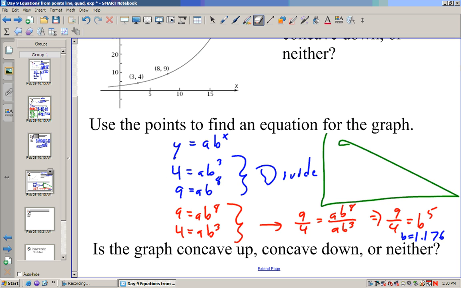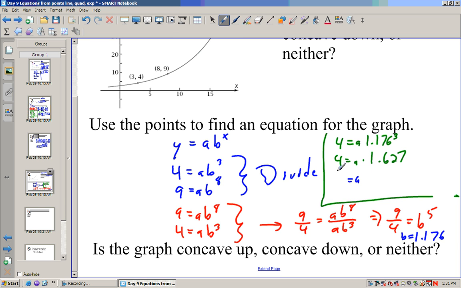4 is equal to a times 1.176 to the third power. Now if I take that answer to the third power, I get 1.627. And then 4 divided by that answer gets us to 2.45.